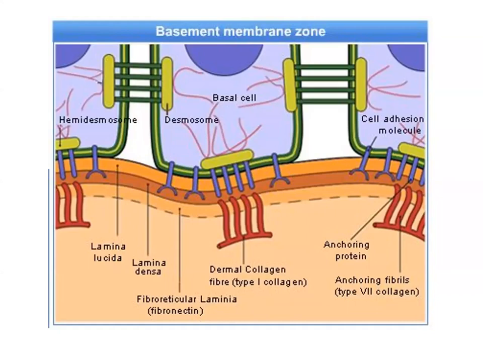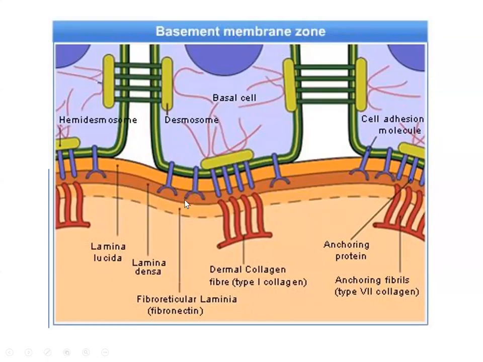depicted in picture form. So we get the keratinocytes, which are joined by desmosomes. Desmosomes have intracellular plaques and binding proteins between the cells. And hemidesmosomes are the ones which bind keratinocytes to the basement membrane.